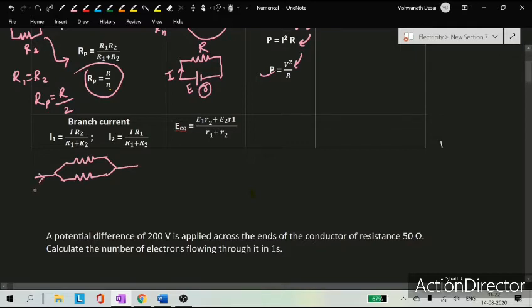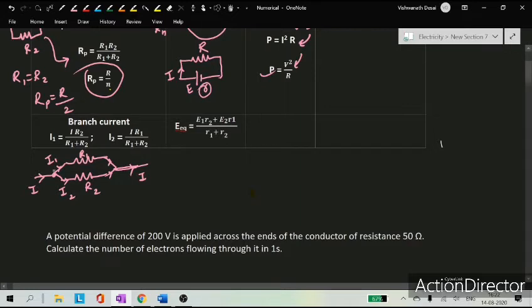The main current I comes here, and when it reaches a junction, it divides into two branches, I1 and I2. I1 flows through the resistor R1 and I2 flows through the resistor R2, and the currents come here and join together. So I = I1 + I2.